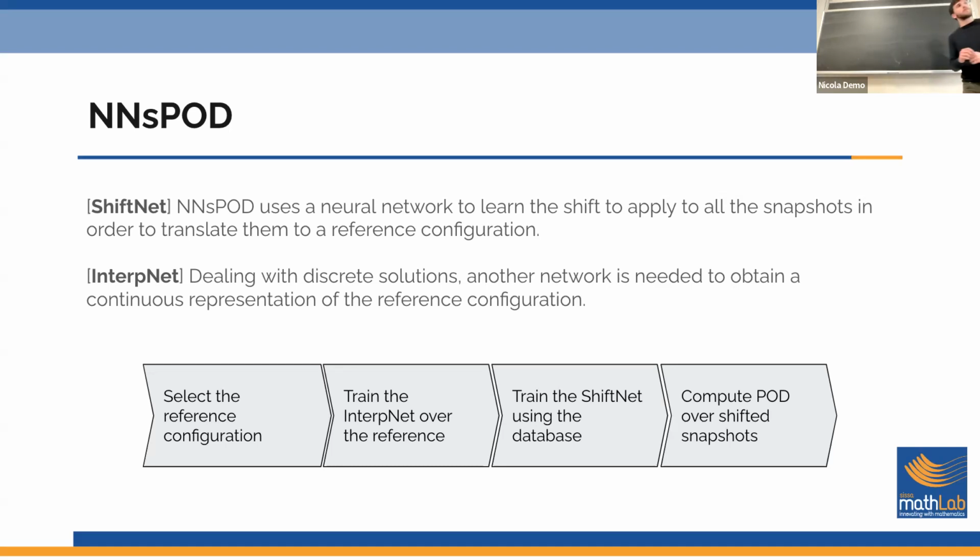Then, of course, you train the interpolation net in order to learn the continuous representation of this reference configuration. So just think of it as a way to go from the scattered points to a continuous function. And once you are done with the interpolation net, you can also train the ShiftNet.